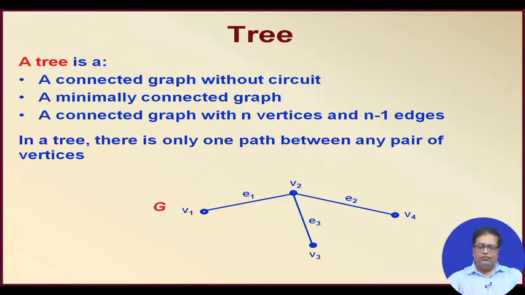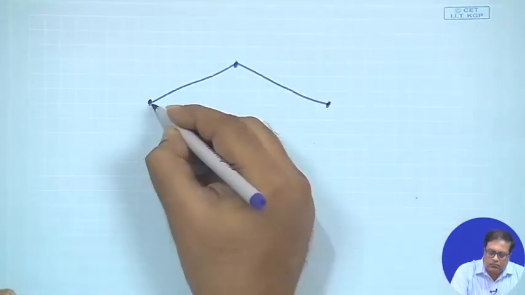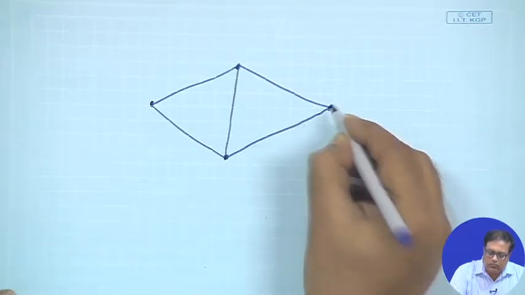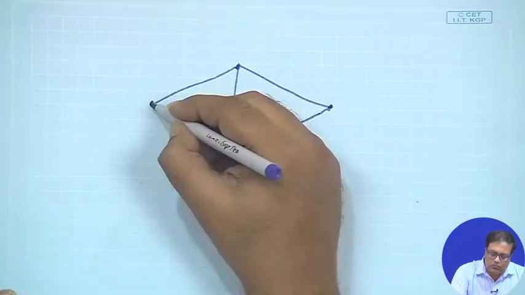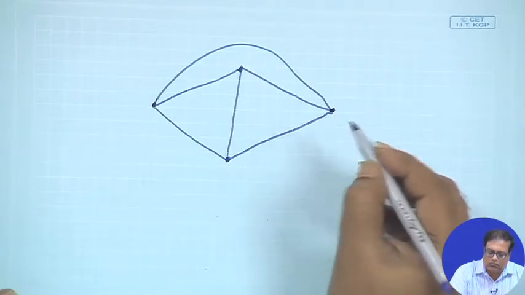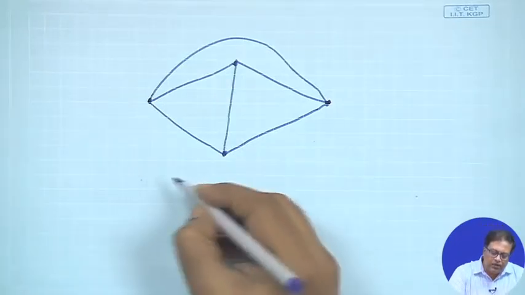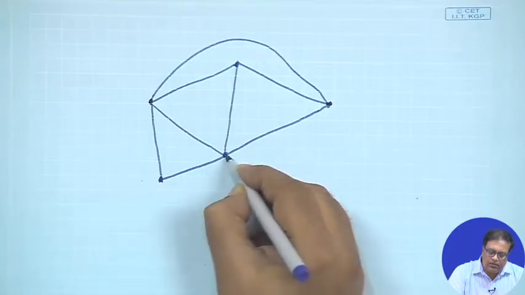You see, assume a particular graph. Let us assume this particular graph, or maybe if you want to make it slightly more complicated, then we can also take this.